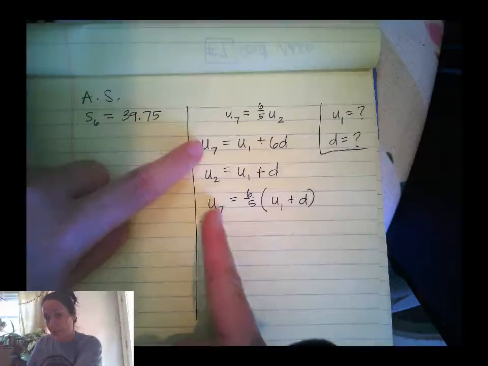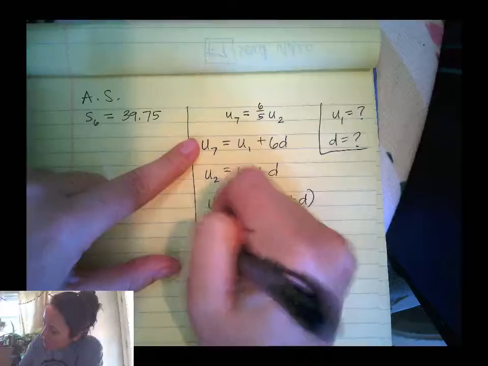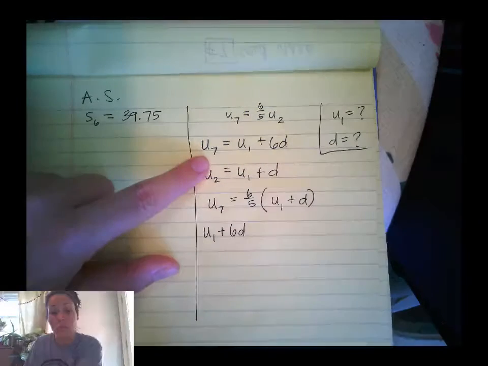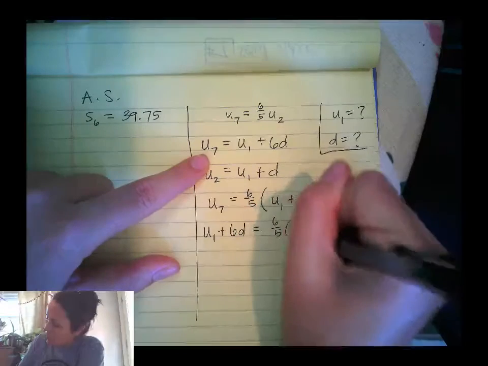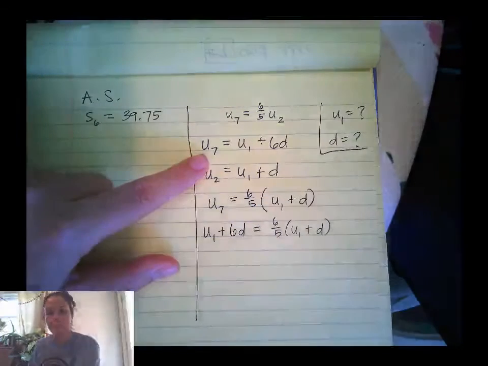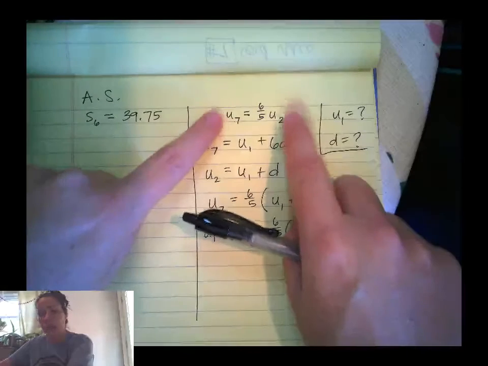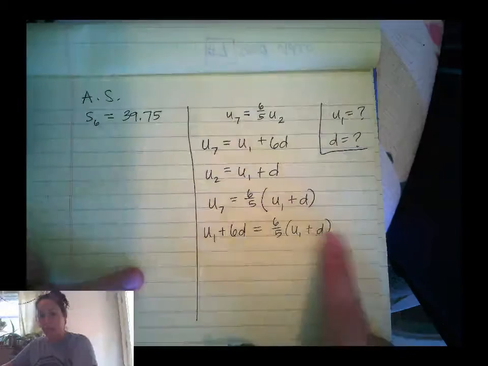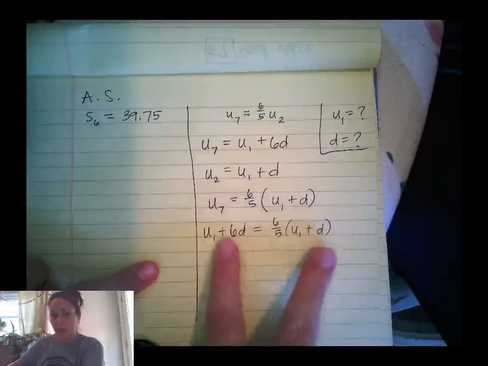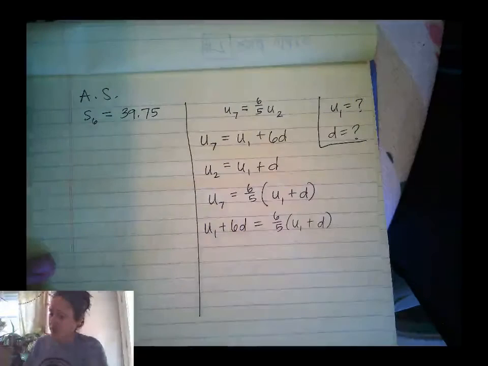So I'm going to take these 2 equations and equate them: U sub 1 plus 6D equals 6/5 times U sub 1 plus D. Now I've taken this equation that had 2 unknowns that were neither of the unknowns I was searching for, and rewritten it in terms of U sub 1 and D. Great. We're going to come back to that in a second.